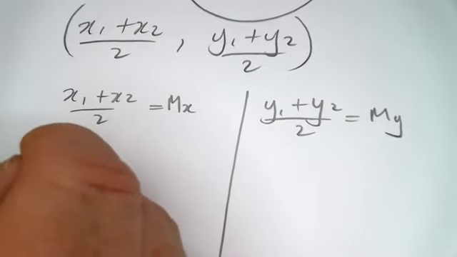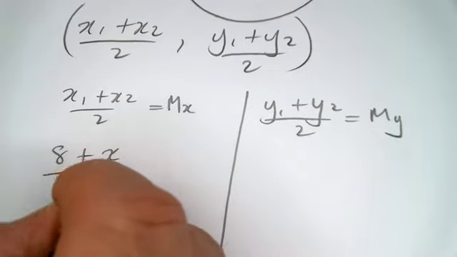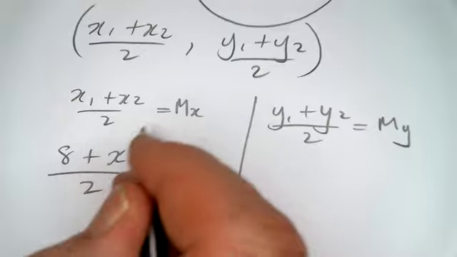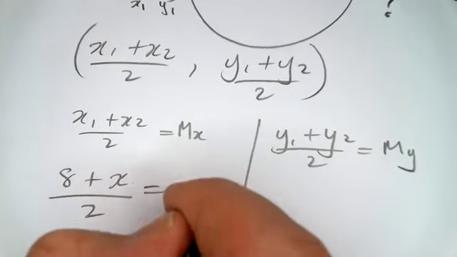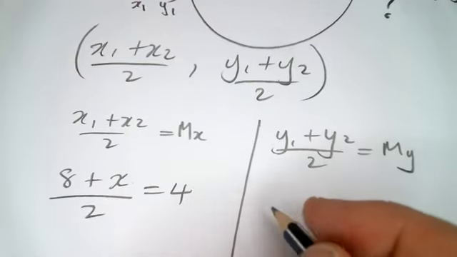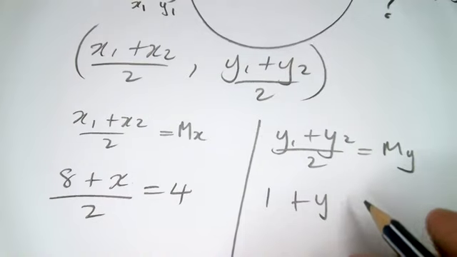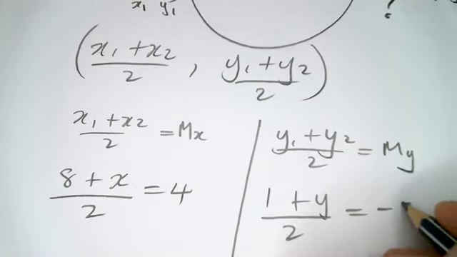Well, we've got 8 plus x, I'm just going to call it x instead of x2, because I don't want to have to deal with numbers and things in addition to the digits I'm actually calculating, divided by 2 equals the x value of the midpoint, which was 4. The y, well, y1 was 1, plus the y value of R, divided by 2 is equal to -5.